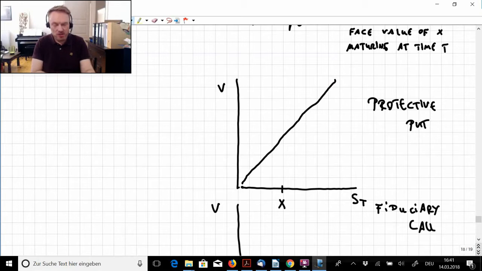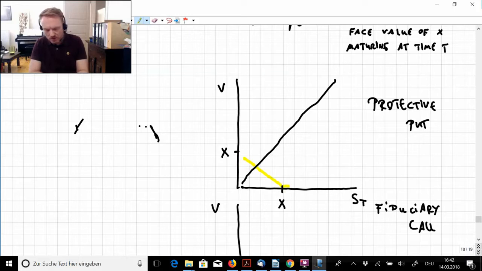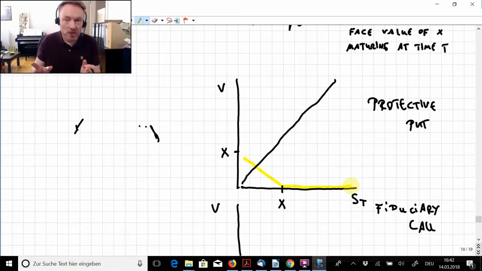The holder is given the right, not the obligation, but the right to sell this underlying asset at X, at capital X. If this is X here, this is the value of the long put.